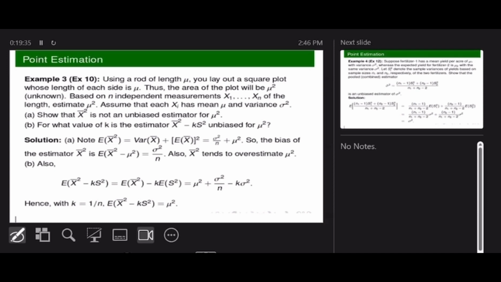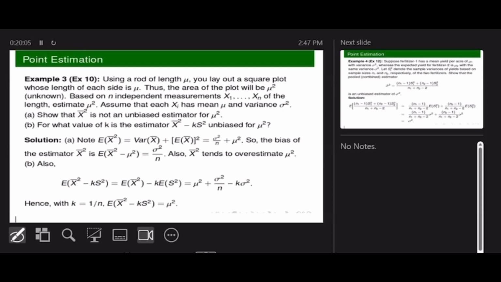I need you to pay attention now. Expected value of y bar is mu, but expected value of y bar squared is not mu squared. Take a look at that. I want to show why it is not.